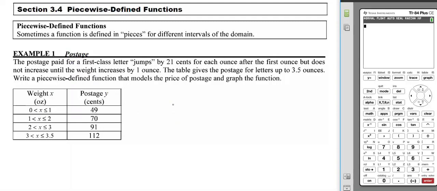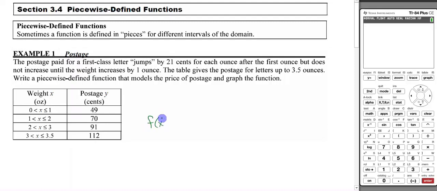The way these functions are written is that we write f of x equals, and then we have a curly brace that contains each of the pieces of the function. After each piece, we'll have the conditions.